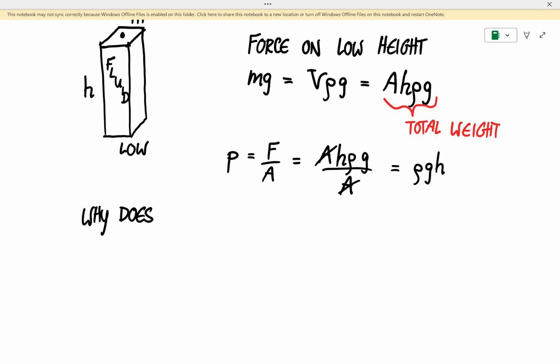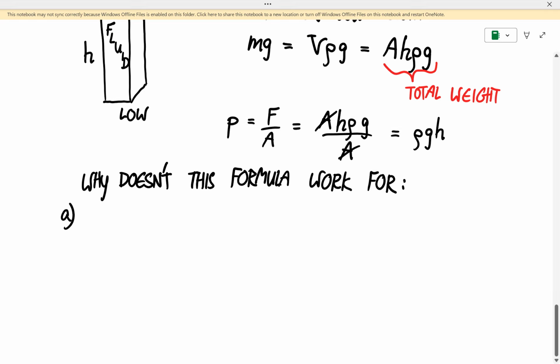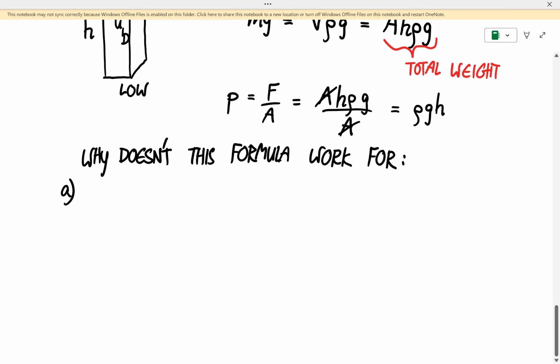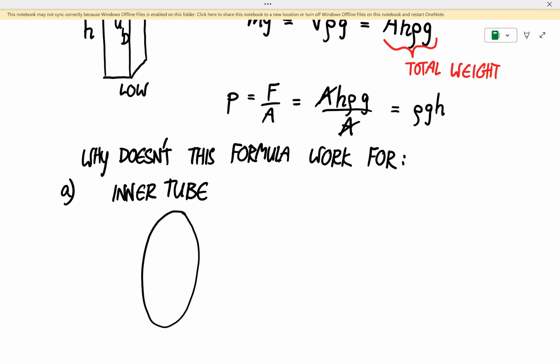So why doesn't this formula work for two cases? First, let's think about an inner tube for a tire. So here's the tube.